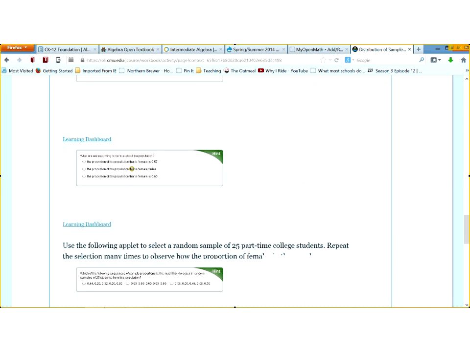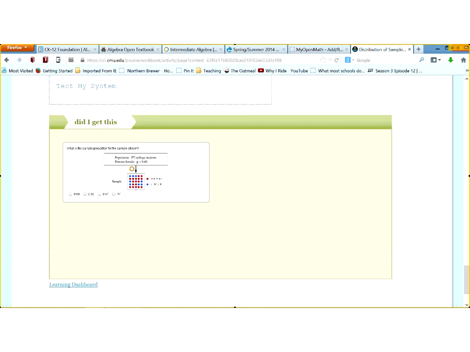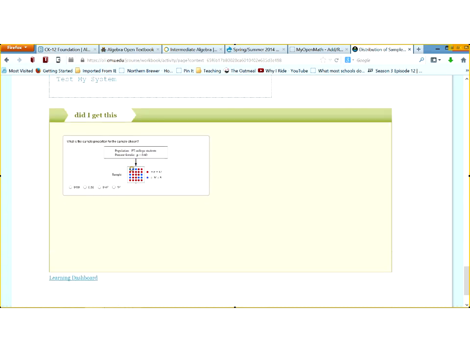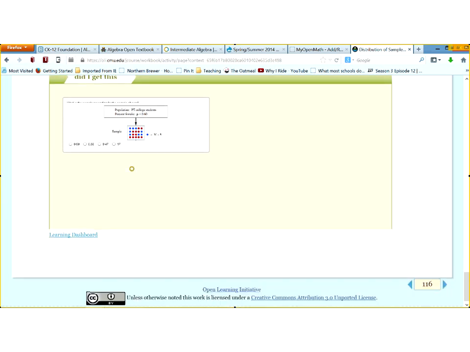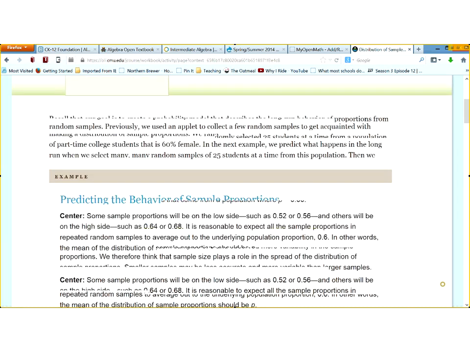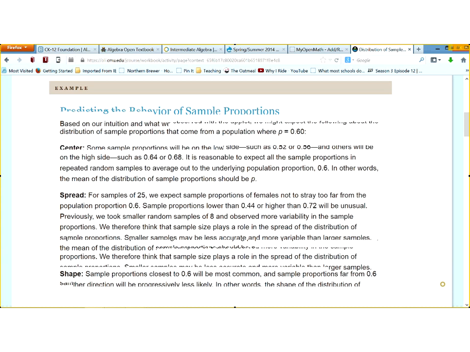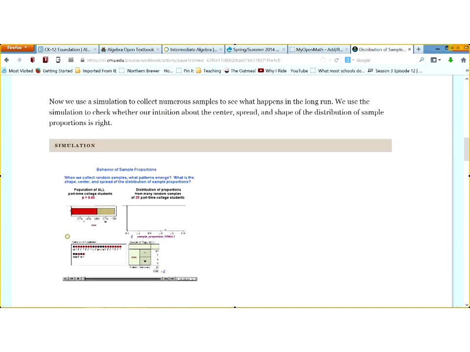Okay, so you need to use this applet, which allows you to simulate a bunch of samples of 25 students to see what you might typically get. All right, so just as with any other distribution of a single variable, we look at the center, spread, and the shape. We're not going to talk about outliers in this case because we're more interested in the population.